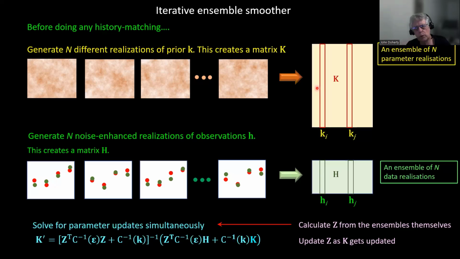Therefore, no model runs committed to calculating a Jacobian. It'll be an approximate Jacobian, but it'll do the job. And that gives us the second quantum leap in numerical efficiency. So let's see how we calculate Z from these realizations as they are morphed through the iterative ensemble smoother process.